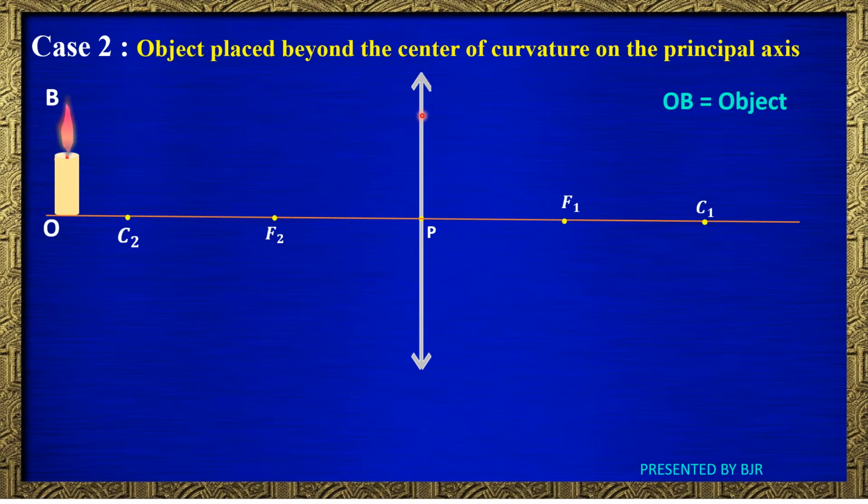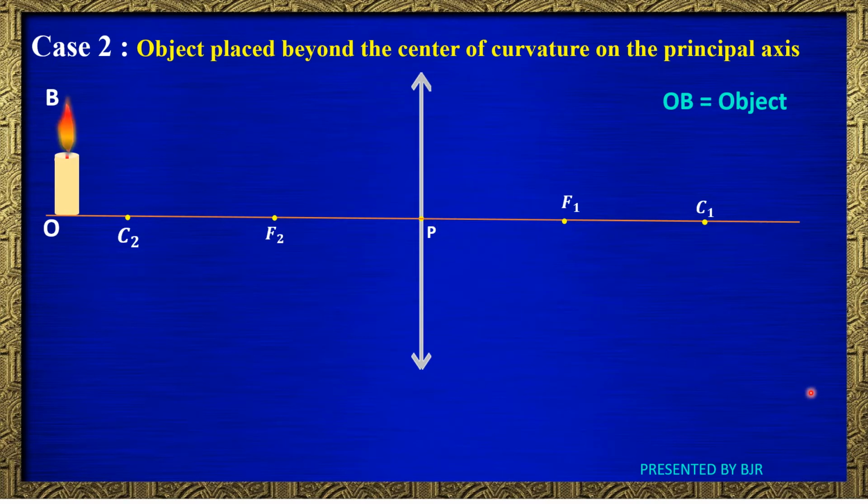After refraction at the lens, it will pass through the focus on the other side of the lens. That is the first ray, ray 1 or R1. And the second ray from the same point B passes through the optic center without deviation.